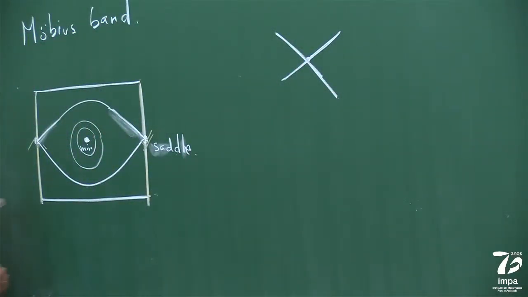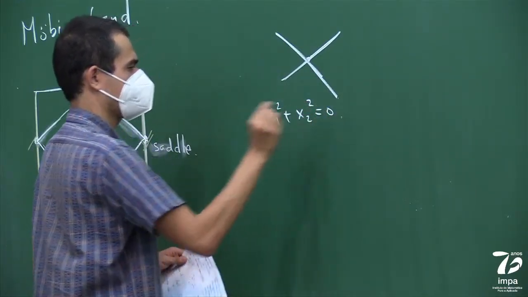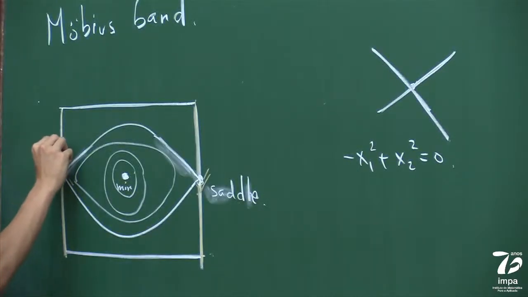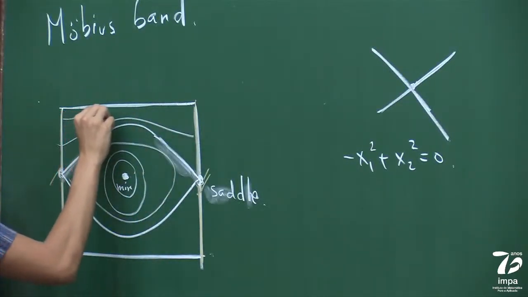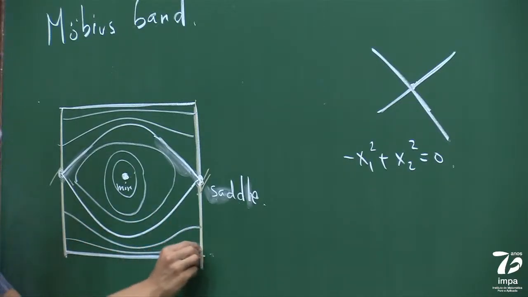That's basically when minus x1 squared plus x2 squared is equal to 0. That's two lines. So that's consistent. Okay. So now you can kind of see I can do it like this and get it flat. All right. So this is my description of my Morse function on the Möbius band.